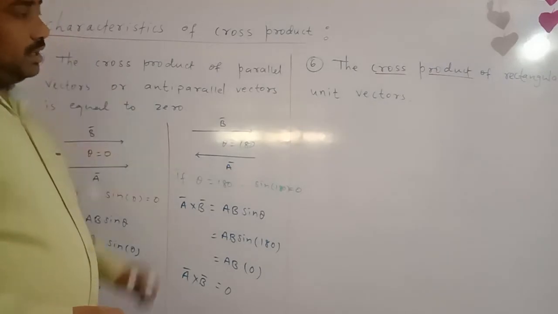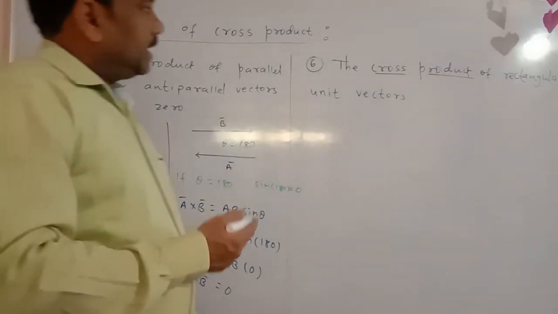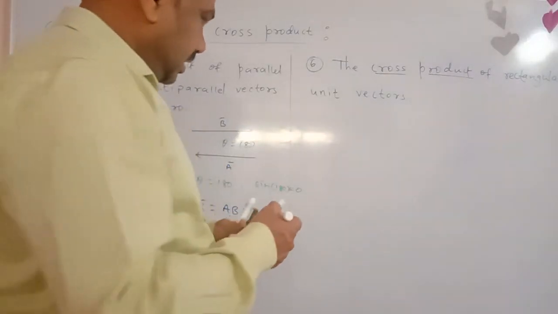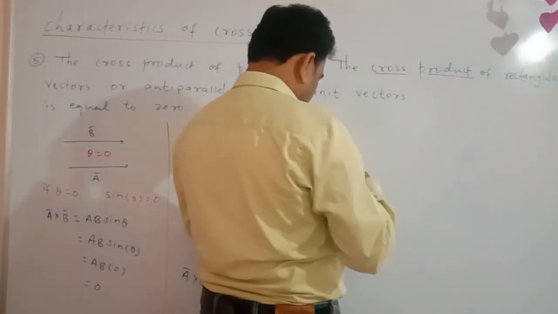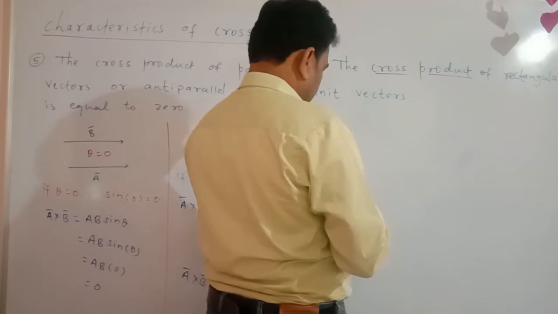Now see, what about the rectangular unit vectors we have seen? These vectors are mutually perpendicular to each other like that.